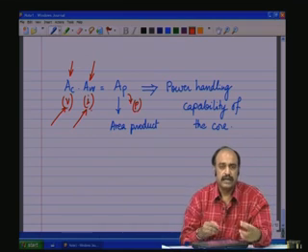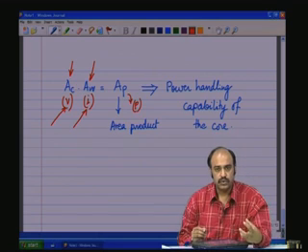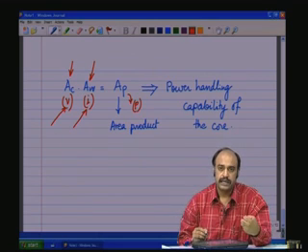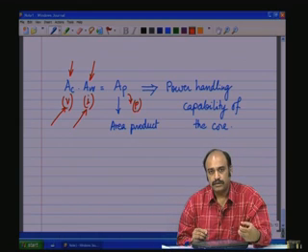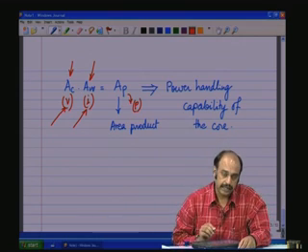V and I are calculated from the electrical circuit, and by this mapping one can choose what should be the size of the core for a given power that has to be passed from the primary to the secondary. The size of the core will be decided.